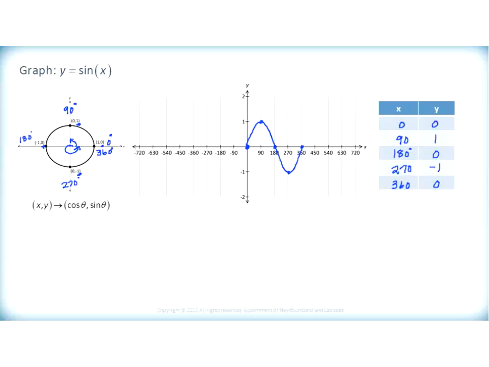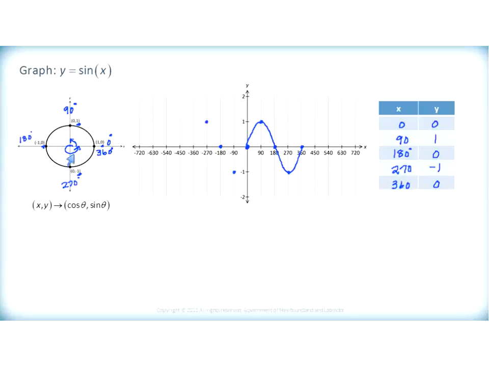If we do a negative rotation around the circle, at negative 90 degrees the sine is negative 1. At negative 180 degrees, the sine is equal to 0. At negative 270, the sine is equal to 1.